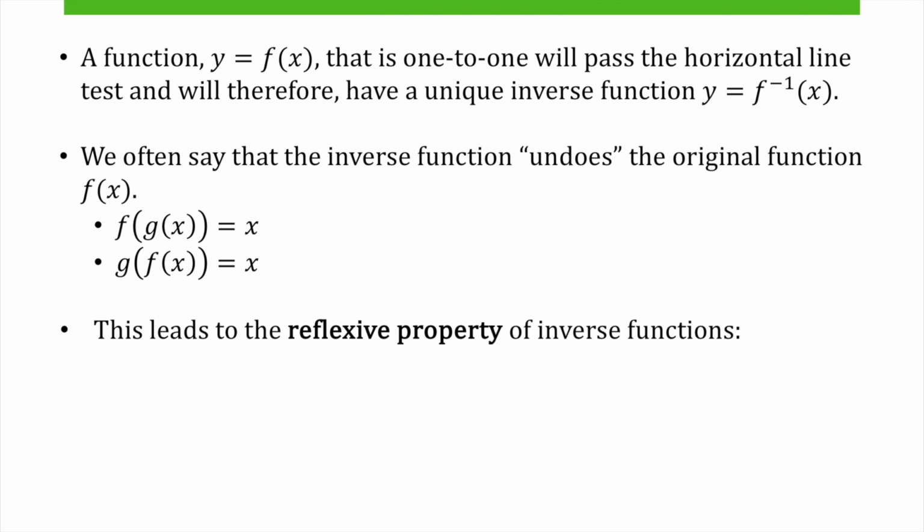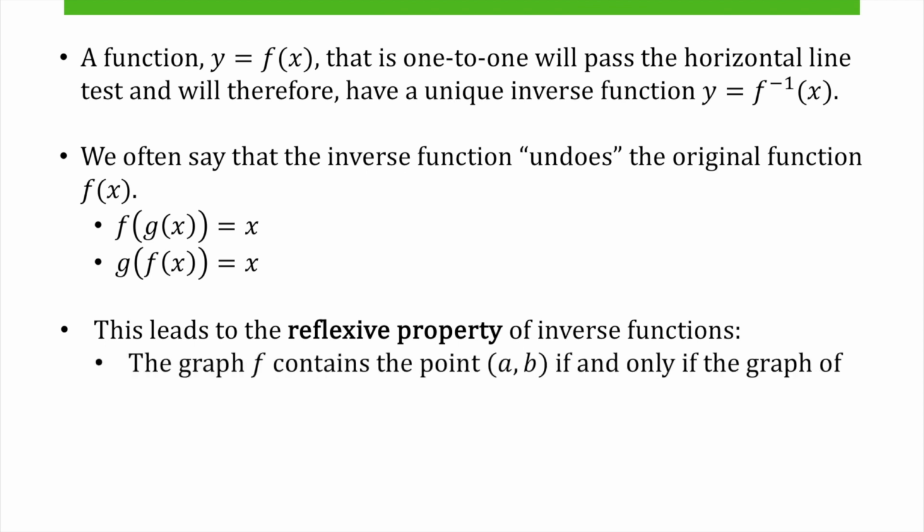This leads to the reflexive property of inverse functions. The graph of f contains the point (a, b) if and only if the graph of f inverse contains the point (b, a). This is going to be important very soon.